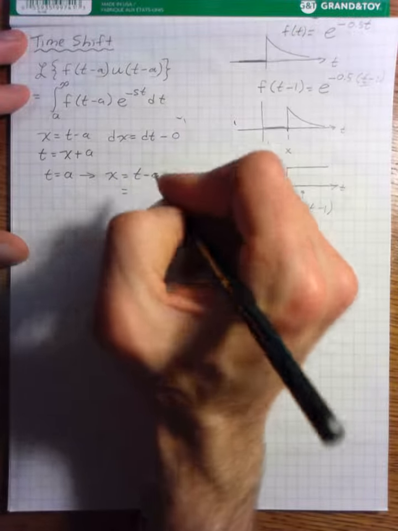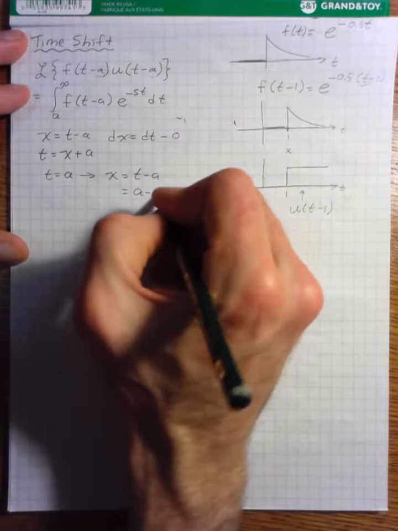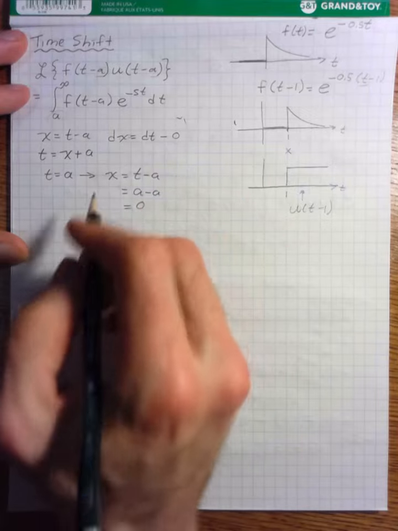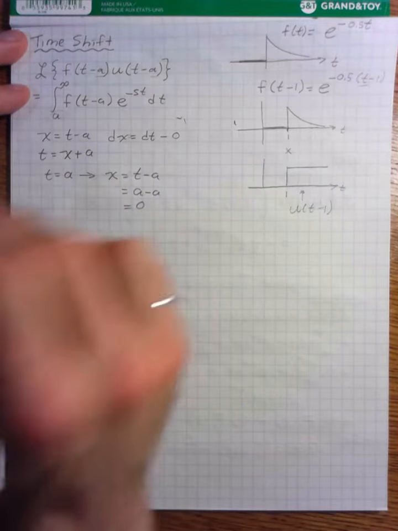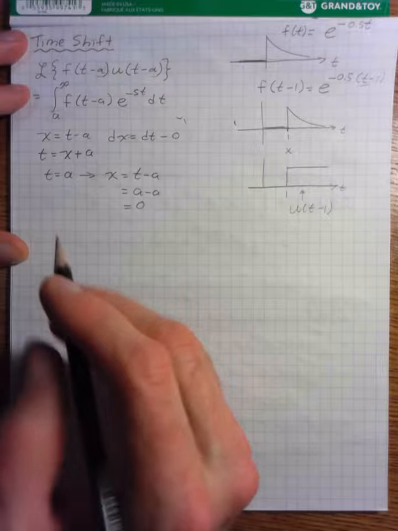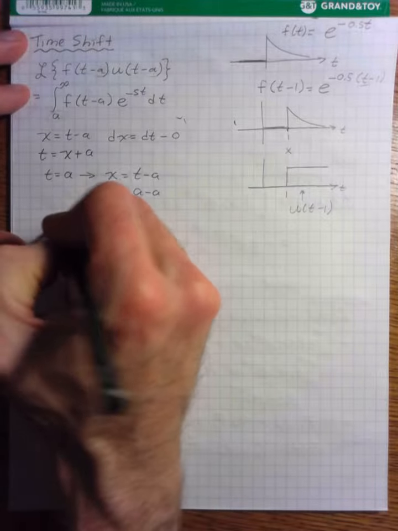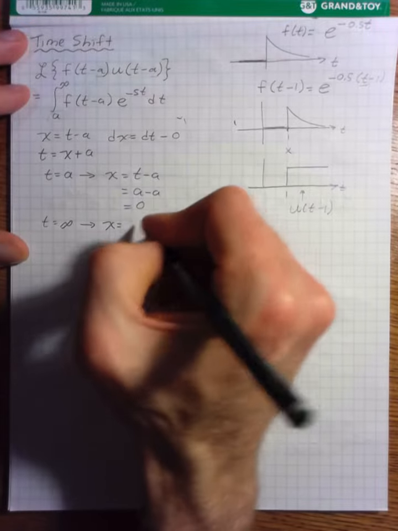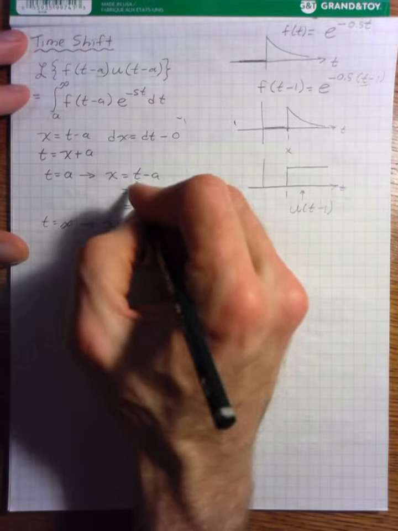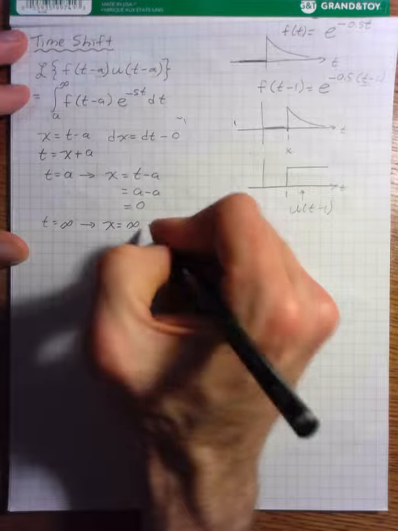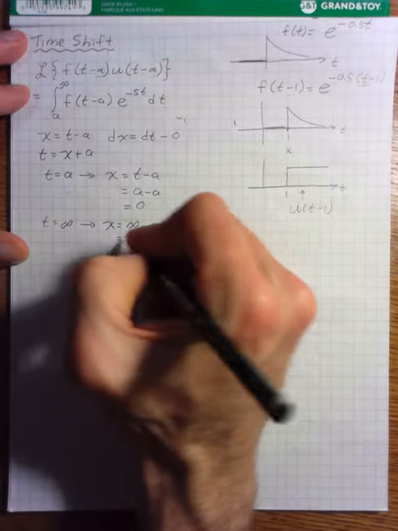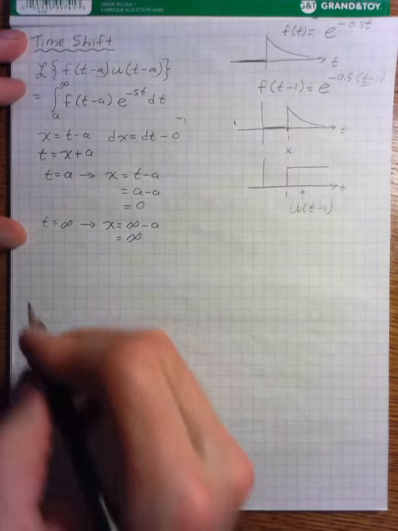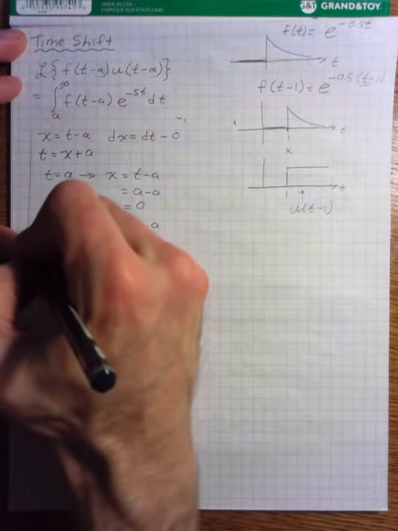So x is equal to a minus a in this case, or 0. And so the lower bound for our integral is equal to 0. And when t is equal to infinity, x is equal to, again, t minus a, so it's infinity minus a, or just infinity. And so I'll just put this in a little box.